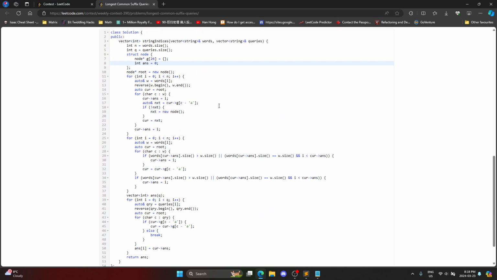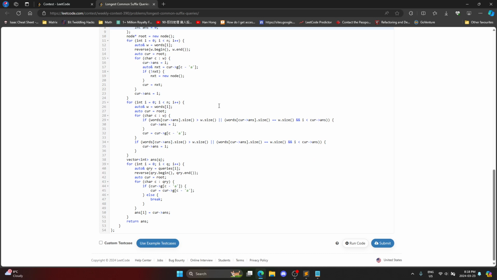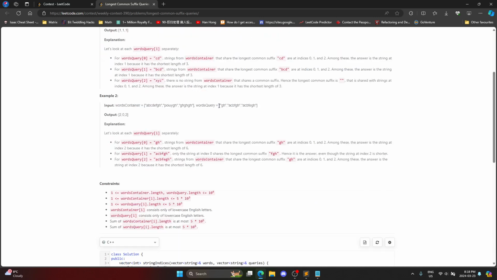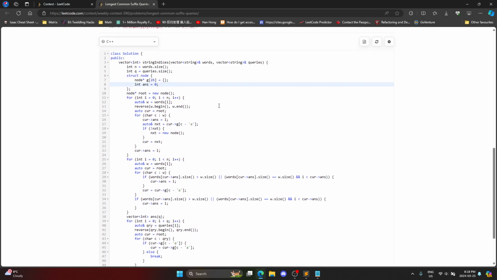So maybe there's a better solution. I just don't understand why vector would cause memory limit exceeded. I get that it's a tad bit bigger, but realistically it should not be the factor between getting wrong answer or memory limit and accepted.